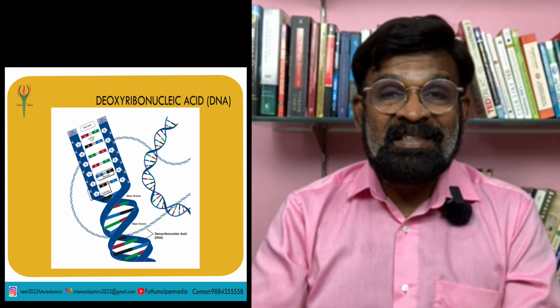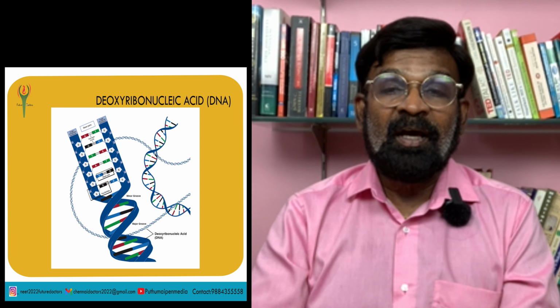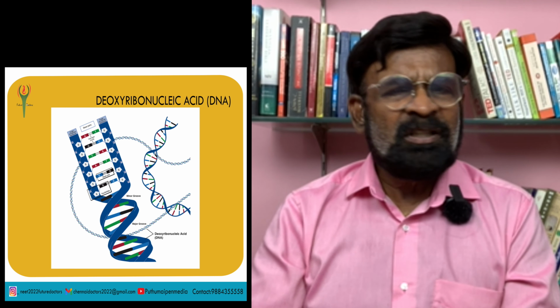A and G of one strand base pair with the T and C respectively on the other strand. Okay. Between A and T, there are 2 hydrogen bonds, while there are 3 hydrogen bonds between G and C. So just remember that.